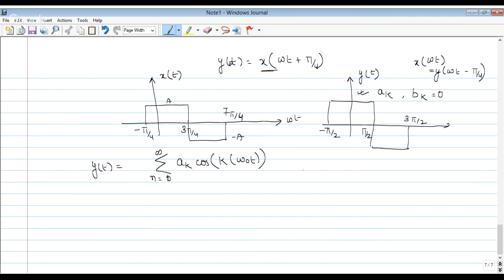So what you will write is x(t) will be the summation from n equal to 0 to infinity of a_k cos k omega naught t minus pi by 4. That will be the Fourier series of x(t). I think I might have used this in power electronics. There you can see such an example where I have directly shifted a signal in order to obtain the Fourier series. Okay.